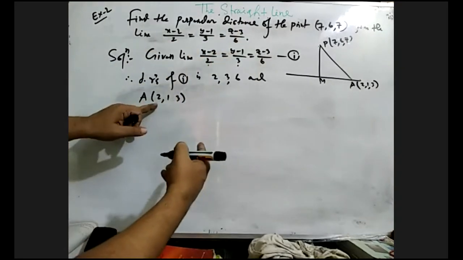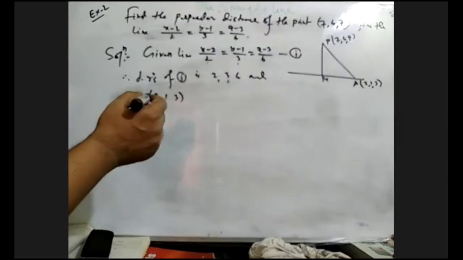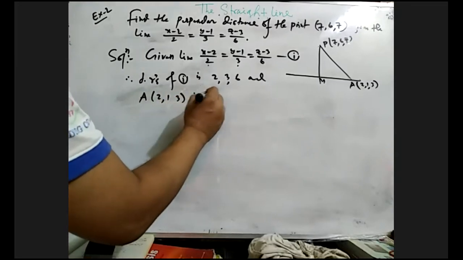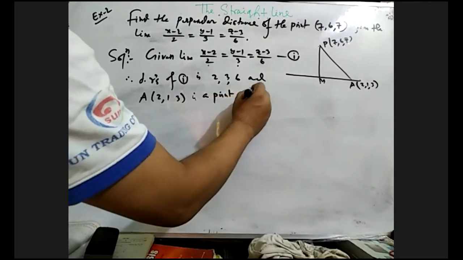So we can find a point (2, 1, 3). Okay, (2, 1, 3), x1, y1, z1. So this is a point on line 1.